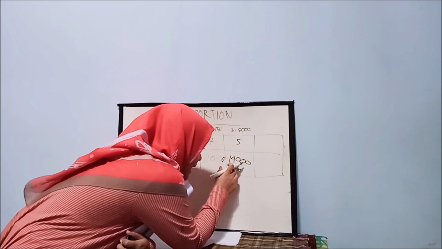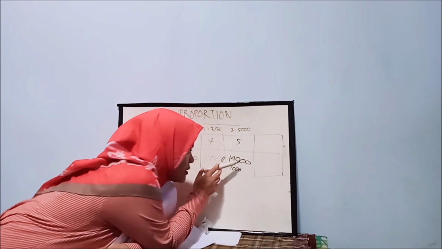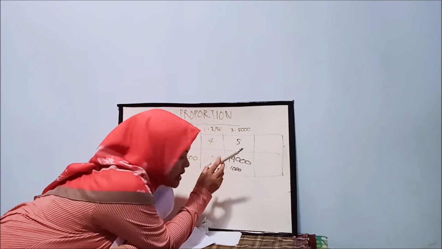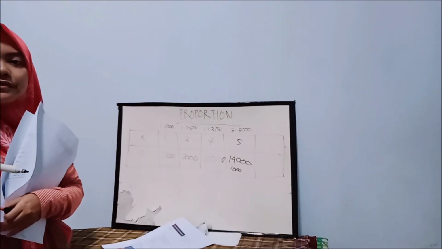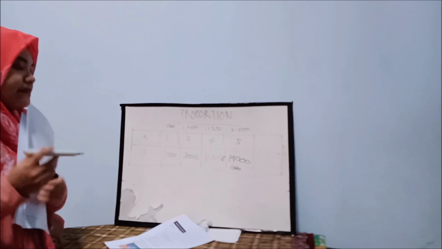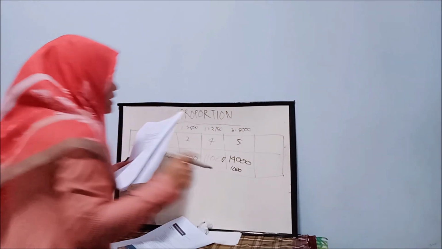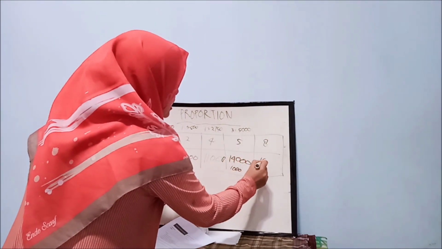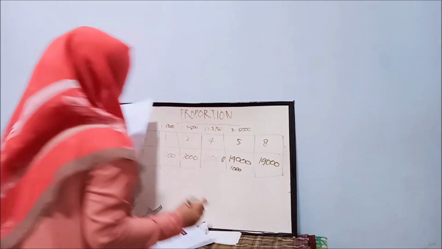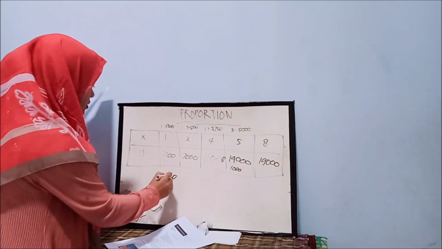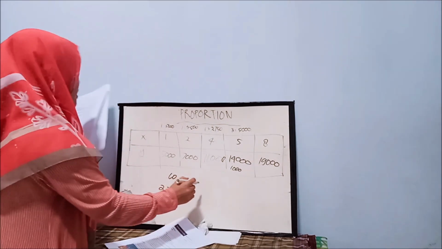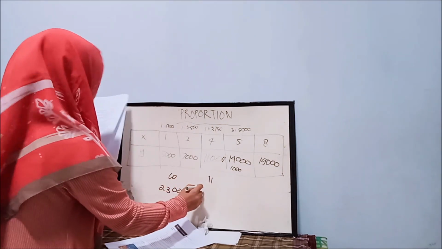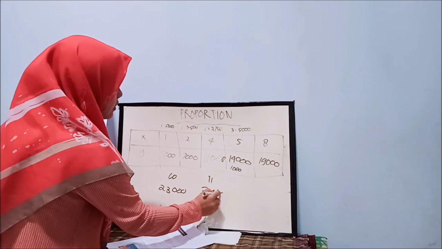If we pay 14,000, we have 3,000 for entering the night market and 10,000 for buying tickets. And the next we have 8, which is equal to 19,000. And for 10 we have 23,000. And for 11 we have 24,000.